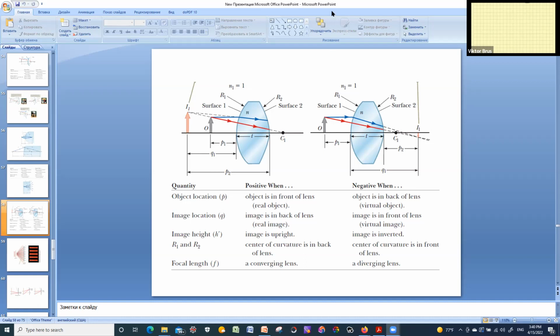So let me stop sharing this. And we assume that N1 is equal to unity, that's air, and N2 is equal to N. That is true for surface 1.